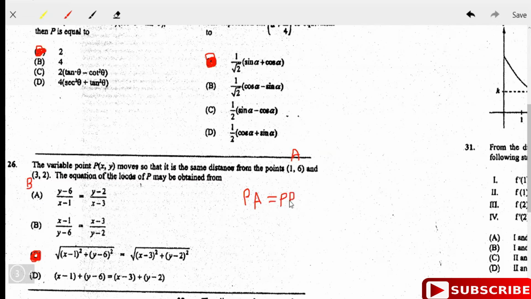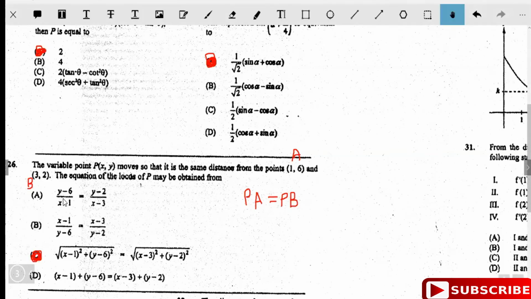If PA is equal to PB, then we can find the distance of PA, which is this right here, and the distance of PB is this right here. And so therefore, this is correct. That's correct. Now these are giving something with gradient, which has nothing to do with this question. So anybody put A and B, that's awful. If you put D, I'd understand, but it has to be C.